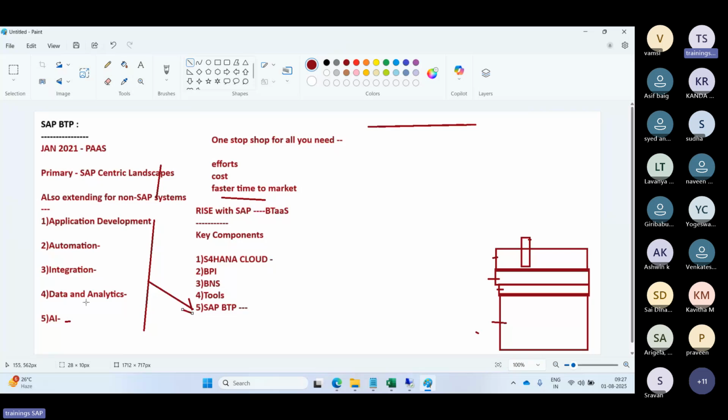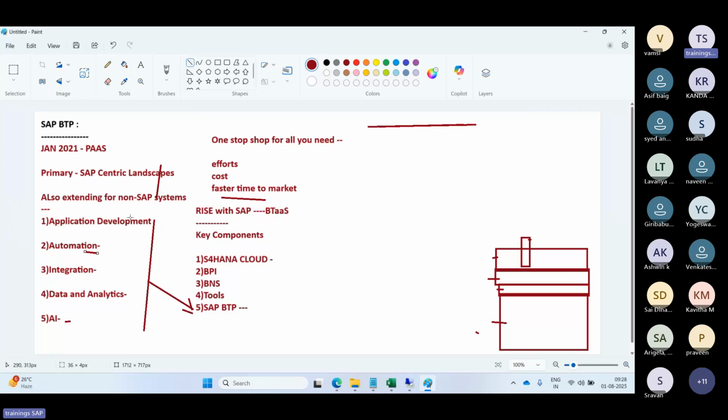If we want to build custom apps using SAP Build and CAP, then you need to use BTP functionalities. And if you want to automate some workflows and repeated tasks using SAP Build Process Automation, you need to use the automation functionalities here.